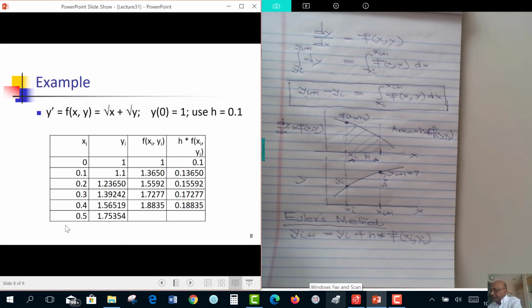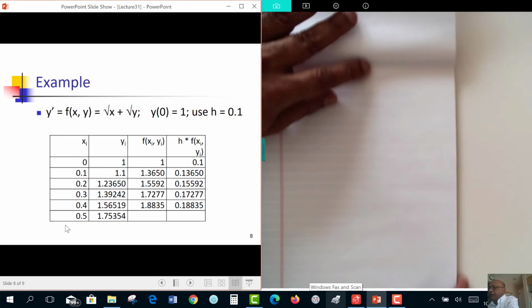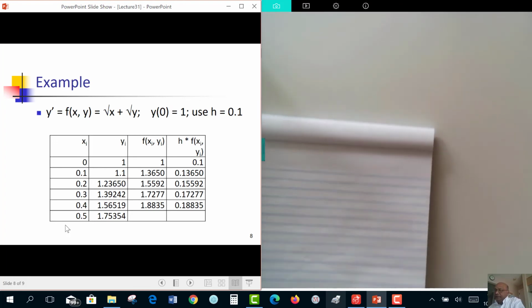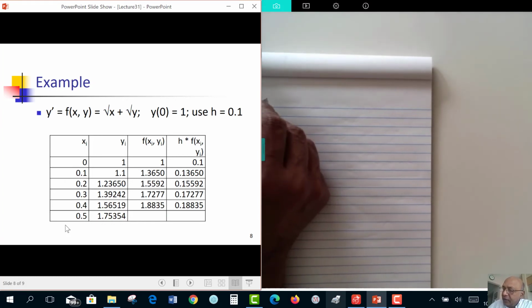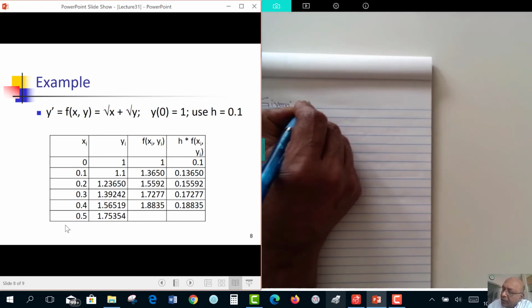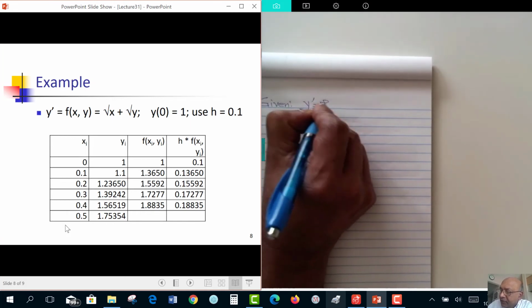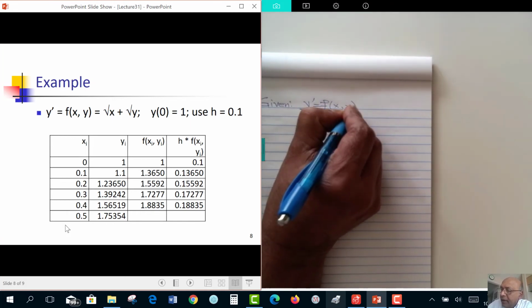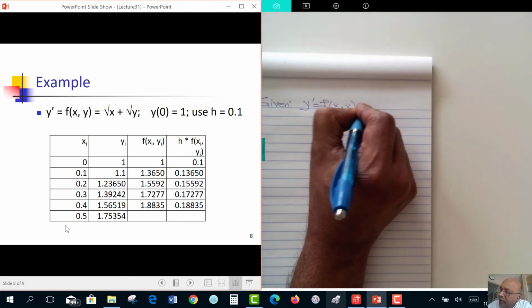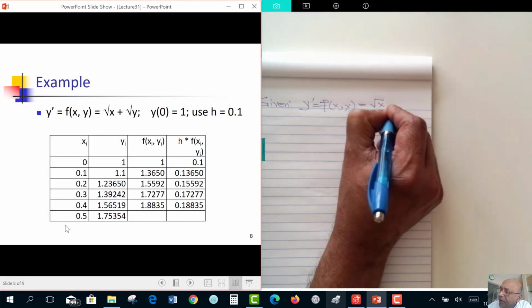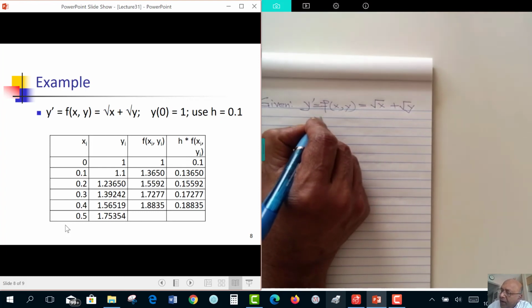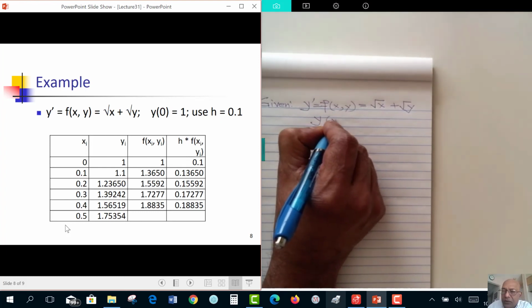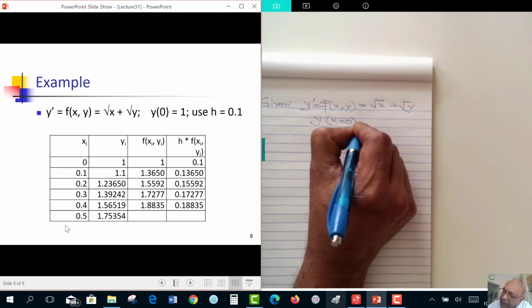Let's do an example. And please do it along with me. Pick up your calculator. So let's suppose we are given that our y prime, dy/dx, which is a function of x, y, is square root of x plus square root of y. And y at x equal to 0 is equal to 1.